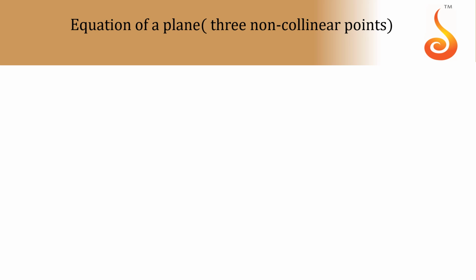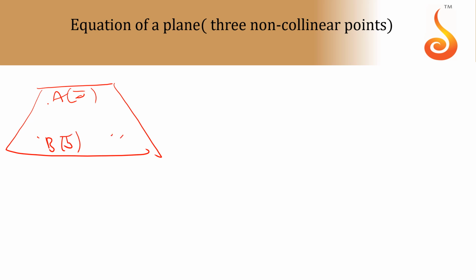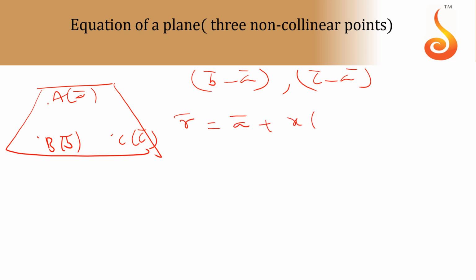Three non-collinear points. Plane passing through three non-collinear points. By using these three non-collinear points, we can generate two vectors B bar minus A bar, C bar minus A bar. Then take any one point in the plane and write R bar equals A bar plus X into B bar minus A bar plus Y into C bar minus A bar.